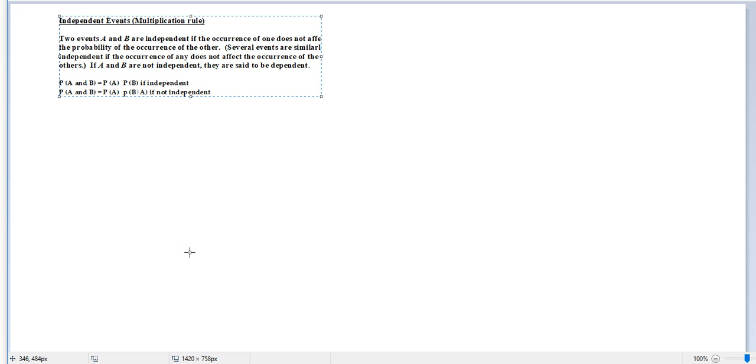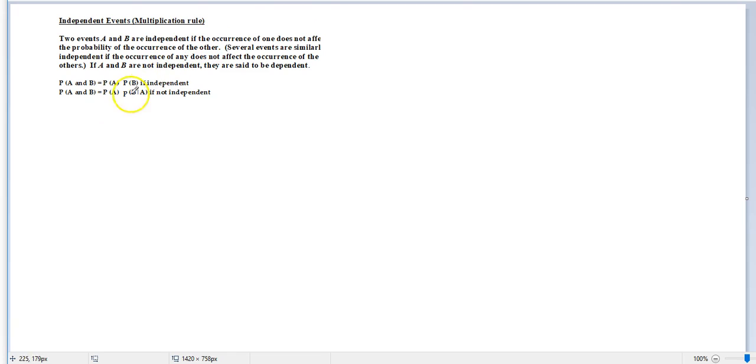One thing we have to be careful about is that when you set up the questions, if you want to determine whether two events are independent or dependent, they must be connected with "and". As you can see in my setup here, there's an "and" over here.